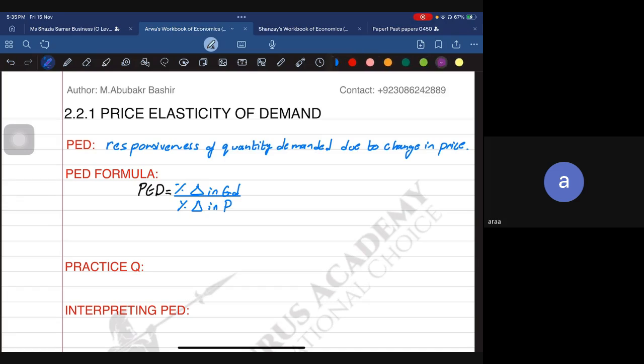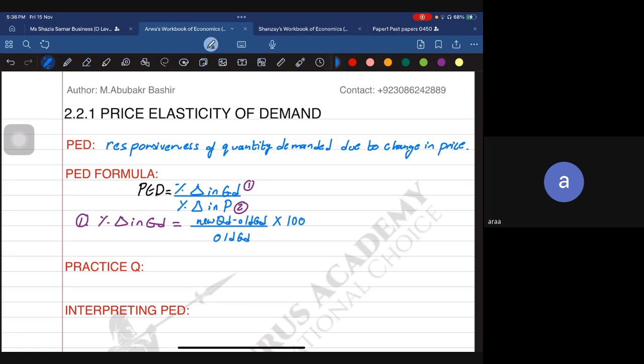So we have two sets of information here, one and two. Two equations are going to be established from here. The first equation is telling you percentage change in quantity demanded, and that is new quantity demanded minus old quantity demanded, divided by old quantity demanded, multiplied by 100.